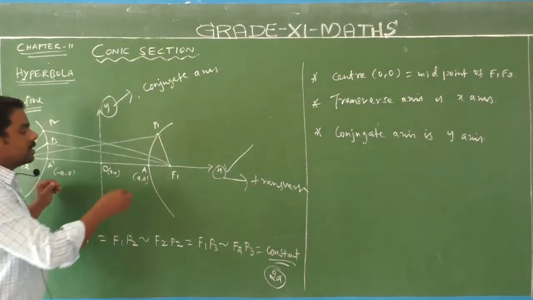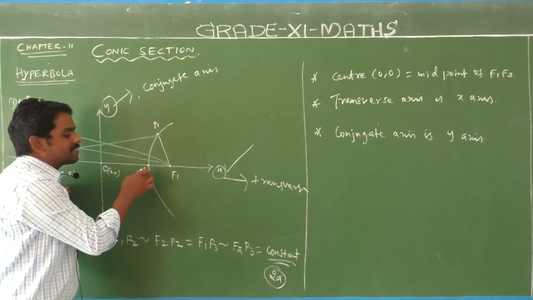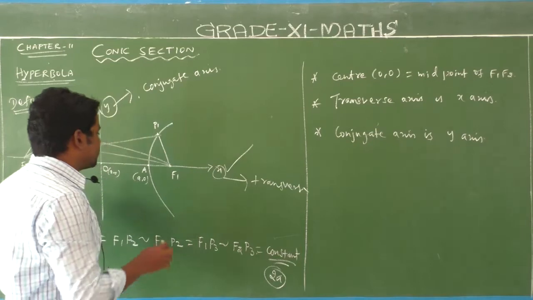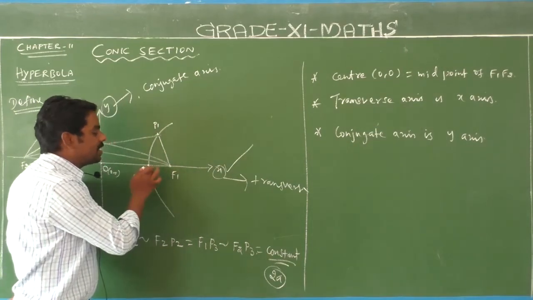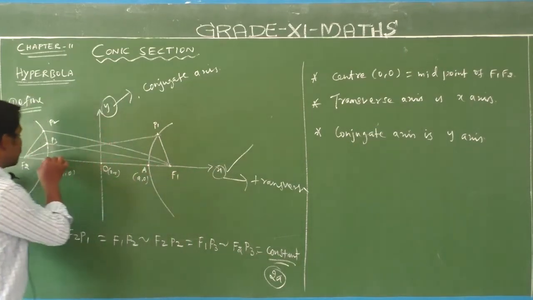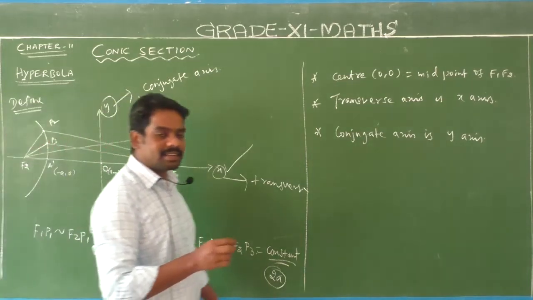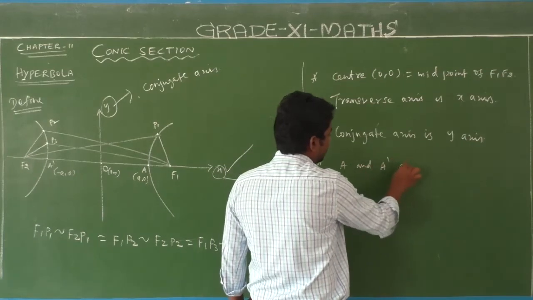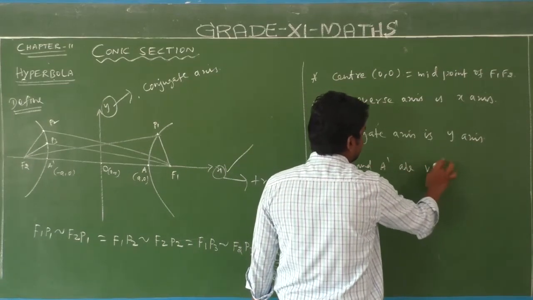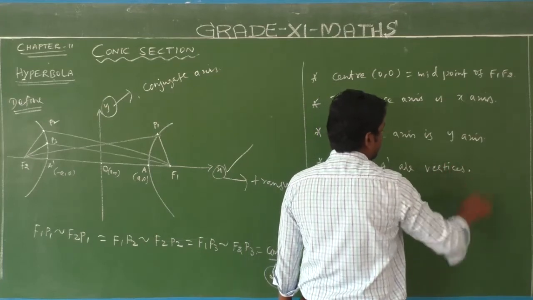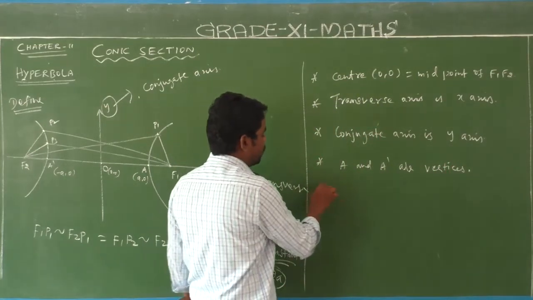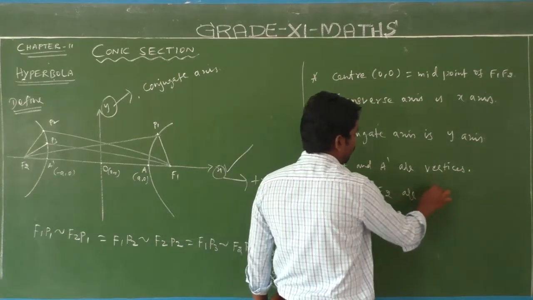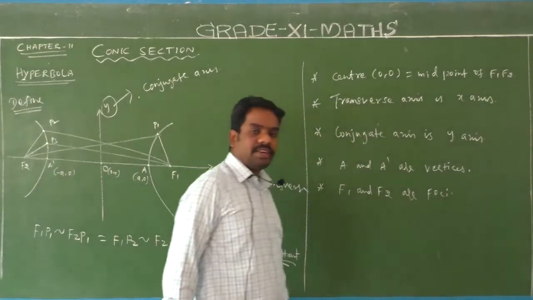That means the intersection of this curve and the major axis, where major axis means transverse axis. The intersection of the transverse axis and the given hyperbola, A and A dash, is called the vertices. And F1 and F2 are the foci of the given hyperbola.